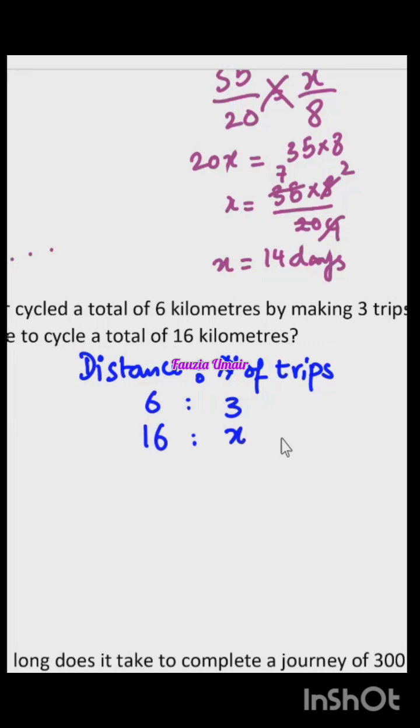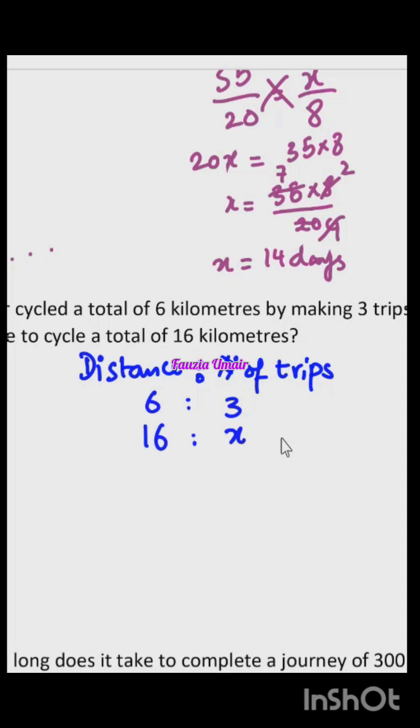So now tell me what kind of relation these two quantities are having. Distance and number of trips. Jafar wants to answer. Ji bete Jafar, what kind of relation do these two have? Direct proportion.